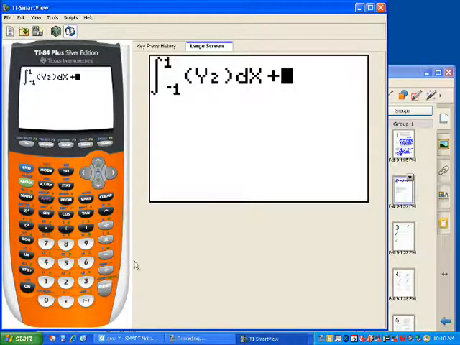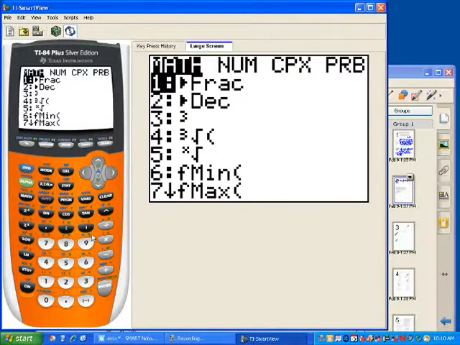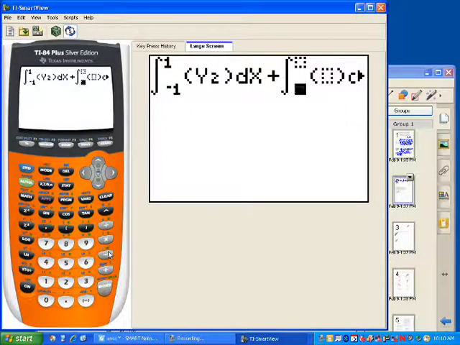Now I have to add on to that the second piece. So I'm going to math 9 again. Bring that up again, this time from 1 to 2.